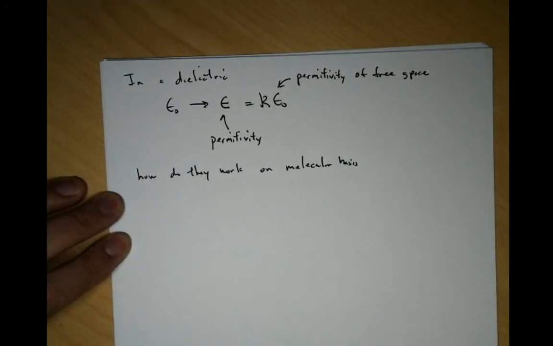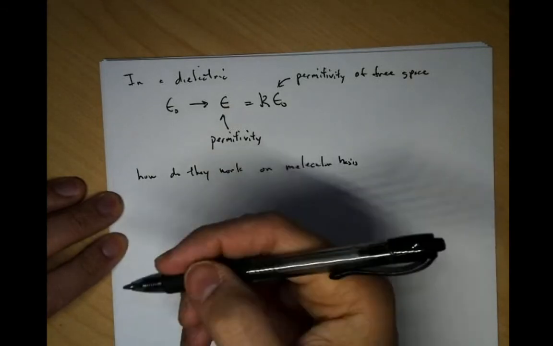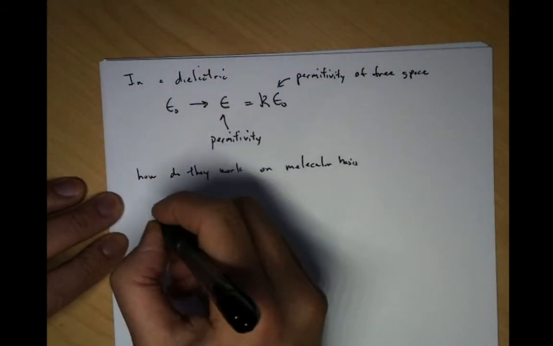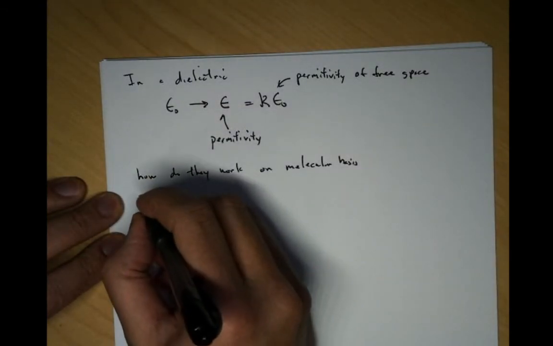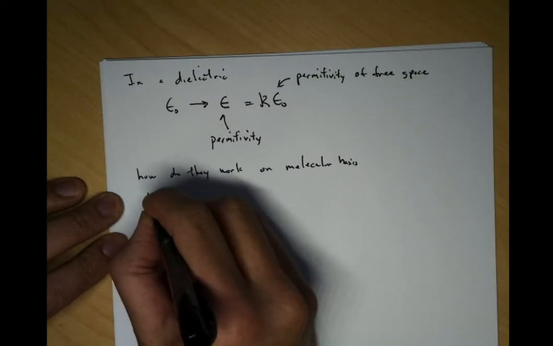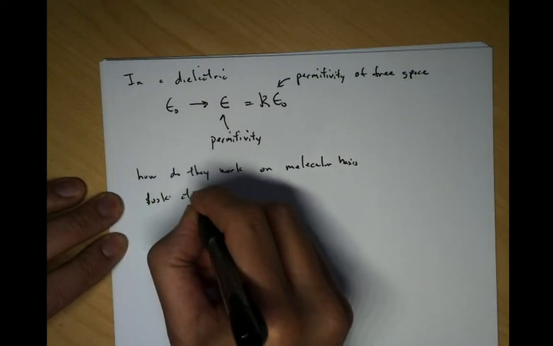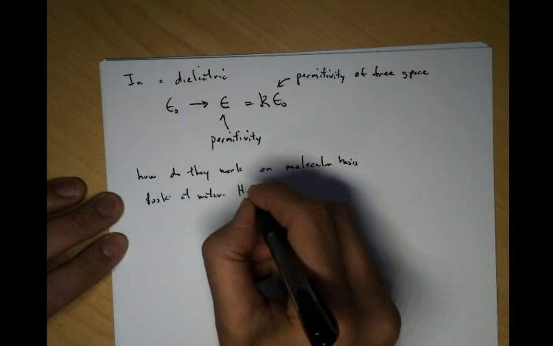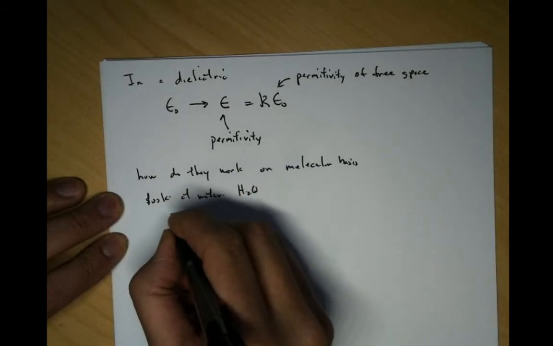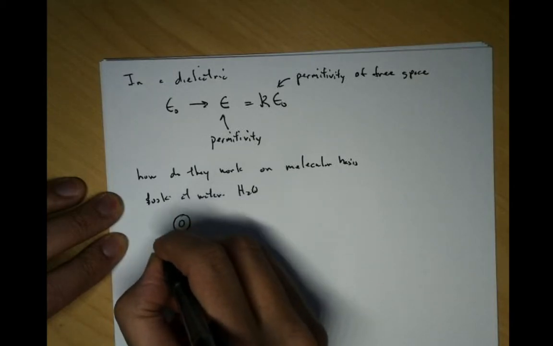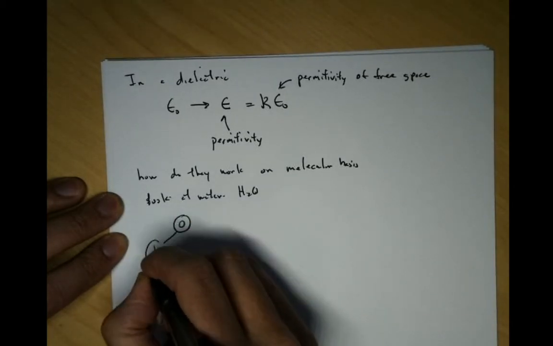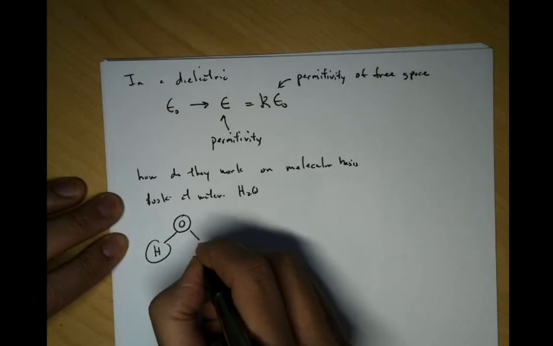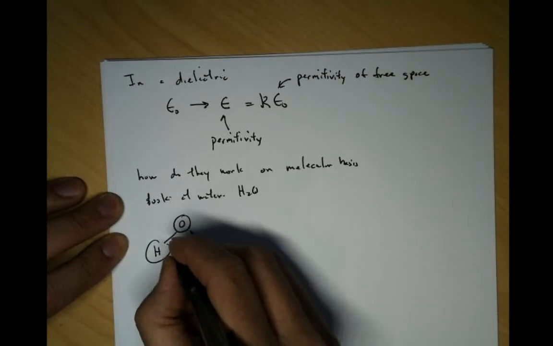So what happens is that if you look at, let's say, a water molecule, for instance. It's basically H2O, right? So you have an oxygen atom here connected with 2 hydrogen atoms, right? And this angle is almost 90 degrees.